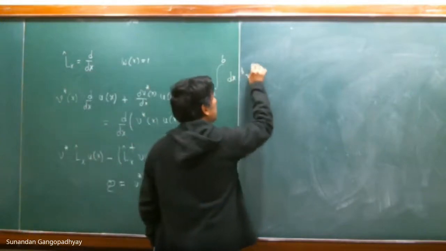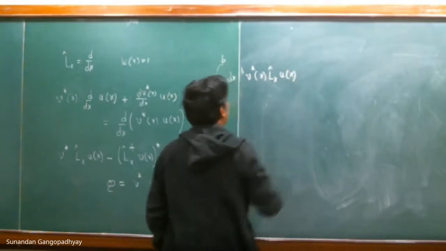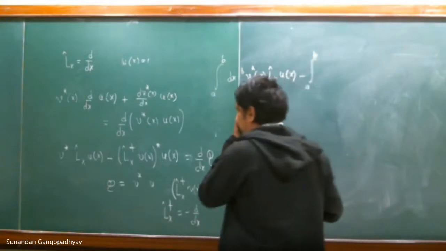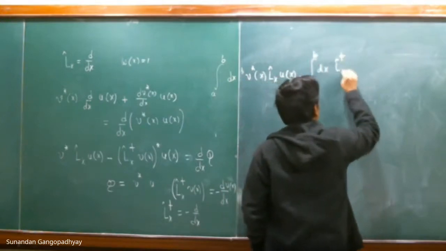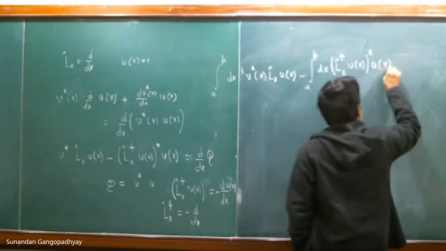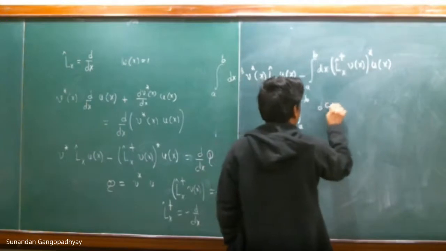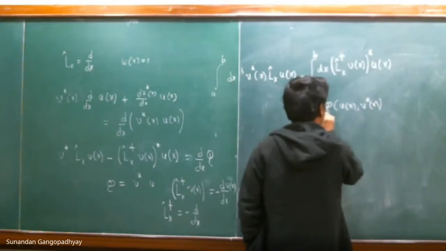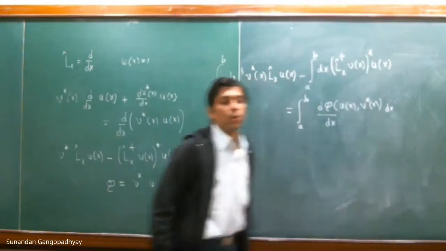This will give us integral a to b of v star(x) L u(x) minus integral a to b of L dagger v(x) star u(x), and that is equal to, you can see, a boundary term, a total derivative term.